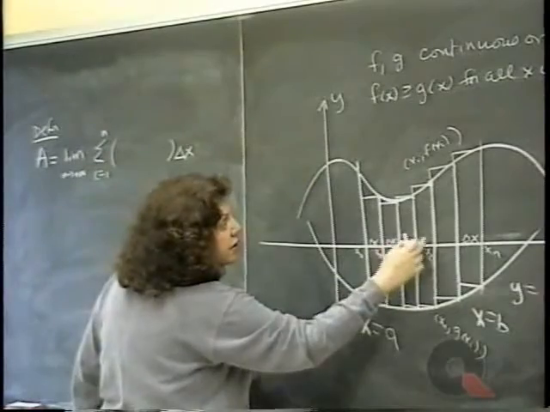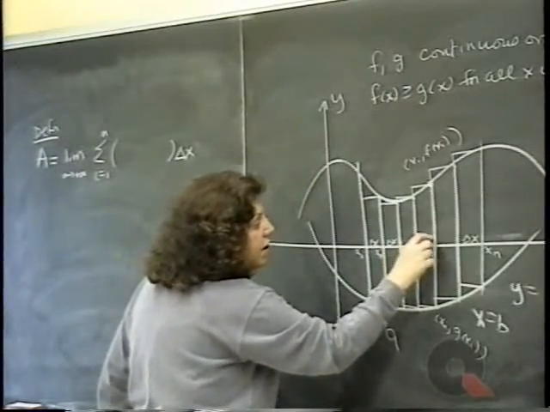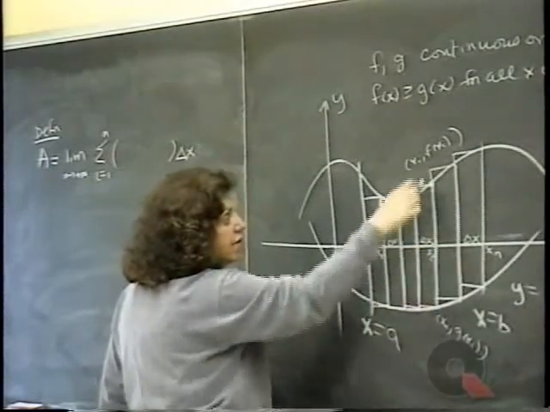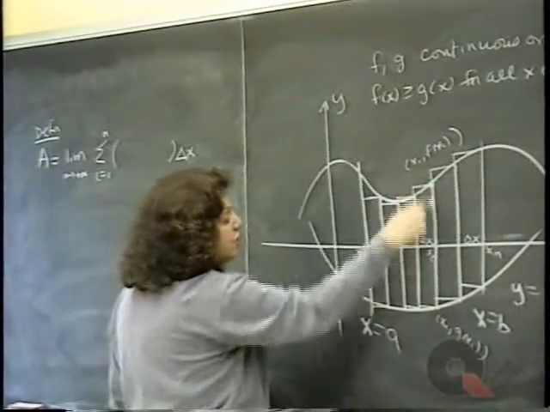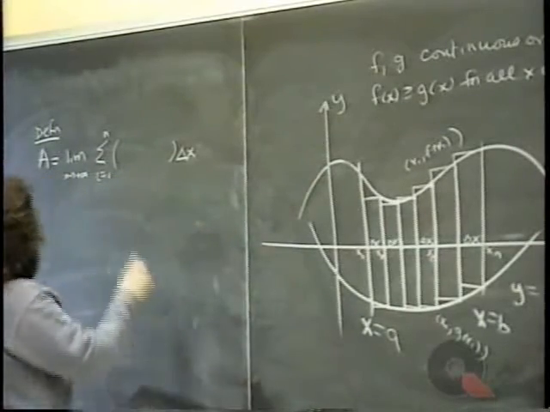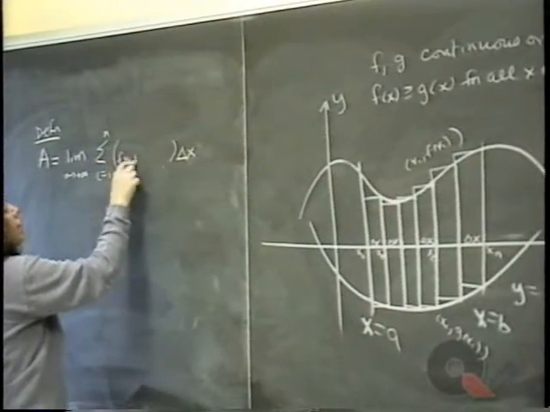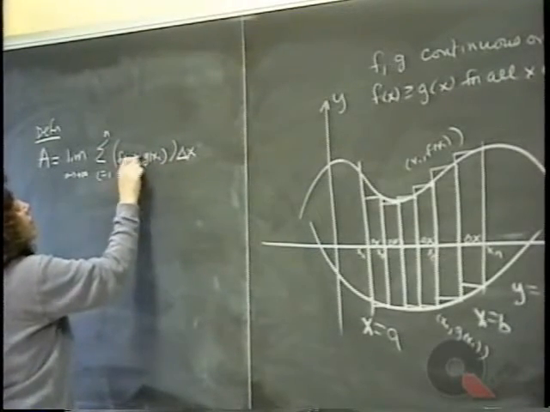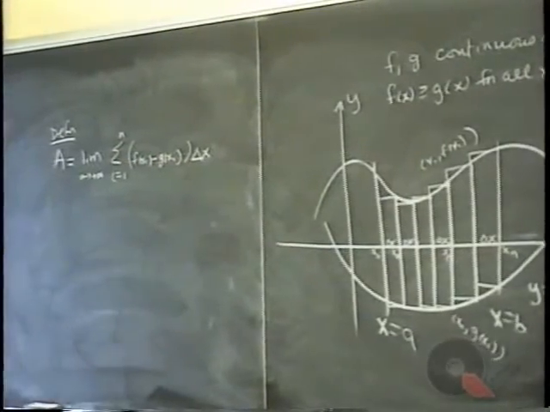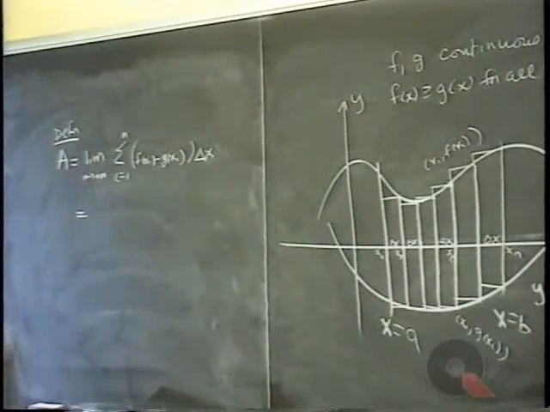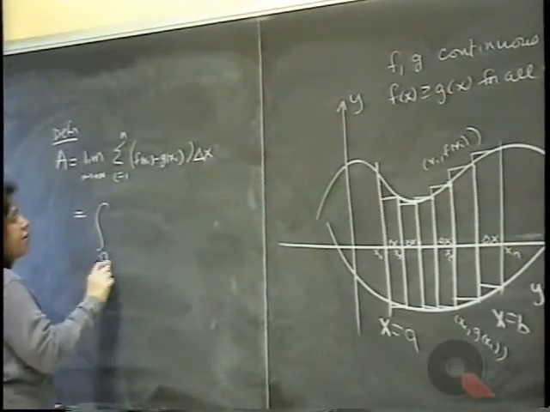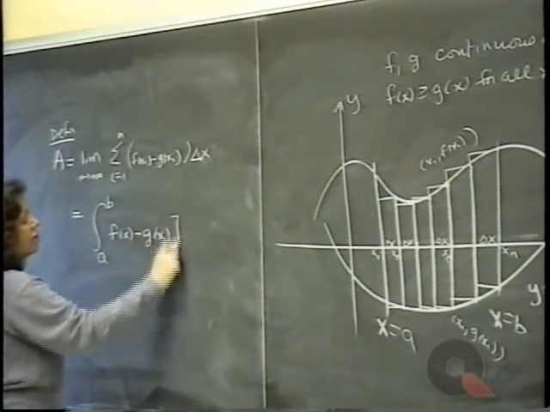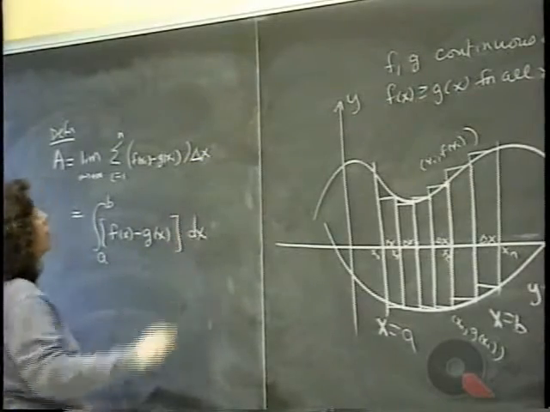The height of the rectangle is the distance between these two points. Since they have the same x-coordinate, the distance is just a difference in their y-coordinates, f of x sub i minus g of x sub i. The limit of this Riemann sum symbolically is written as the definite integral from a to b. This became f of x minus g of x dx.